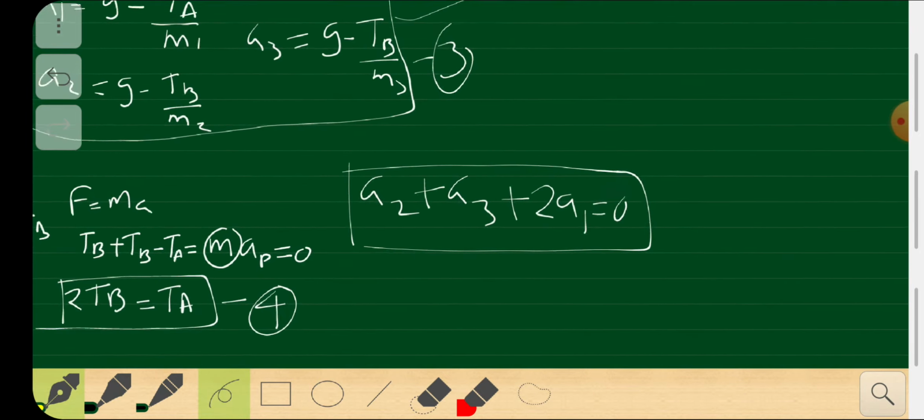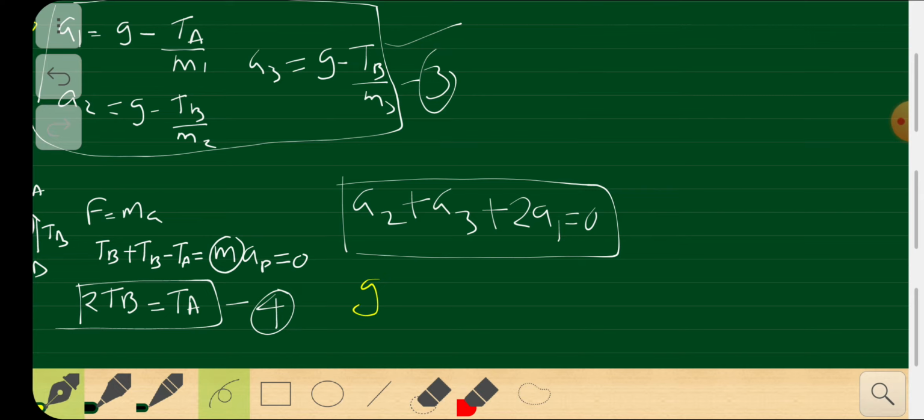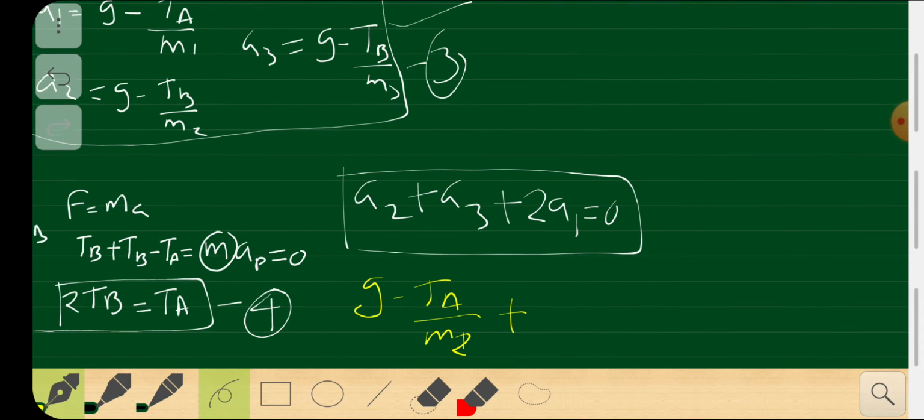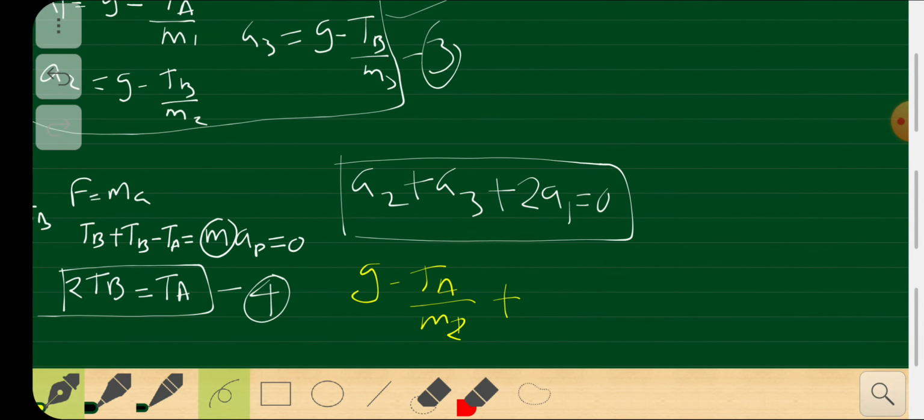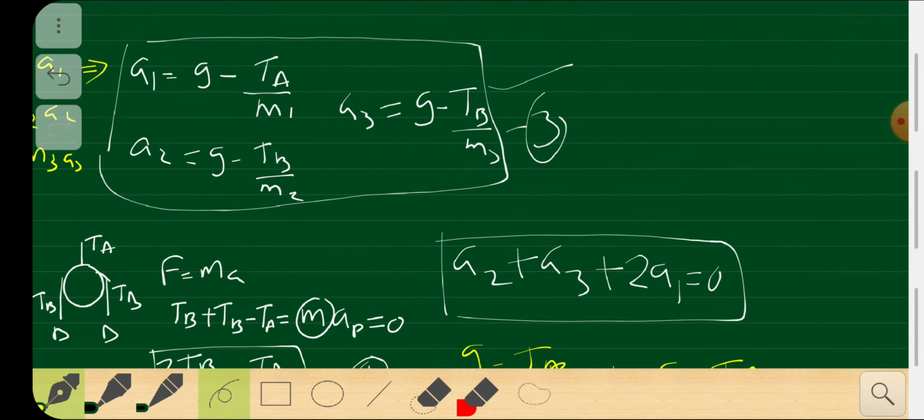So you get (g minus tb) by m2, plus a3, which is (g minus tb) by m3, plus 2 times a1, which is (g minus ta) by m1.